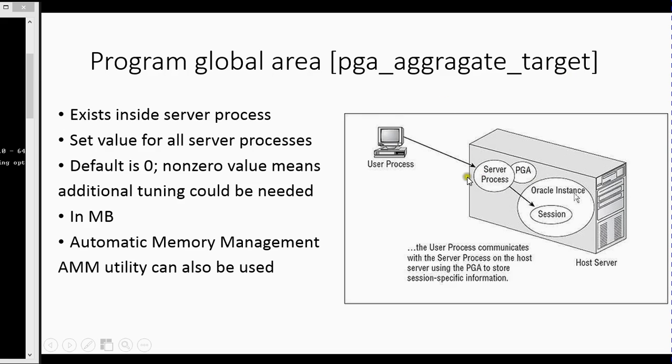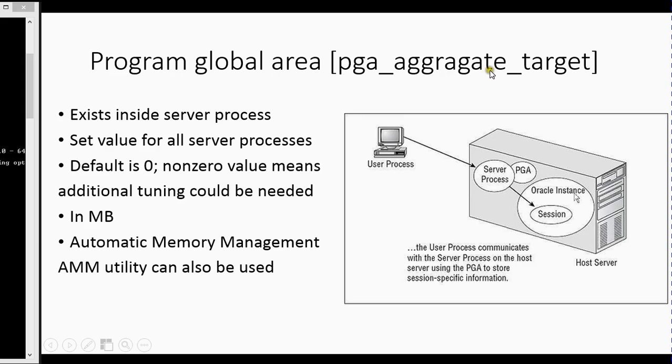Let's say, just to make it easy, you have 2 user processes, each connected to a server process, and you have a PGA. Let's say we set the PGA aggregate target to about 60 megabytes. That 60 megabytes would be the value applied across the PGA for user process number 1 and the PGA for user process number 2.